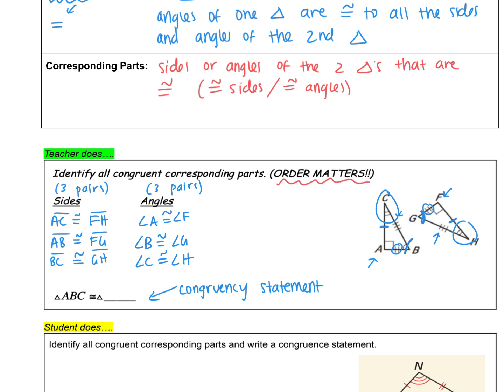Like it says up here, order matters. So let's start with the ABC. What we notice on ABC is we go from right angle to 1 tick mark to 2. So when we're writing the other one, we got to go in the same order. Right angle to 1 to 2. So that would be triangle FGH.